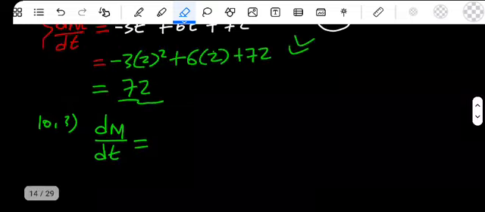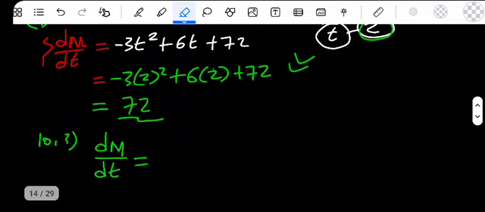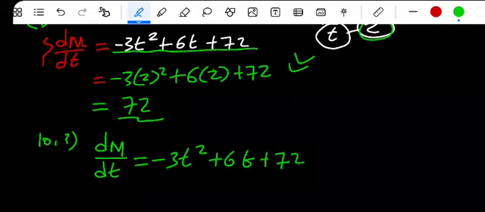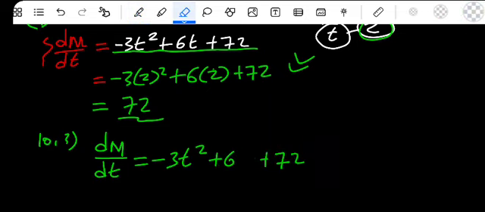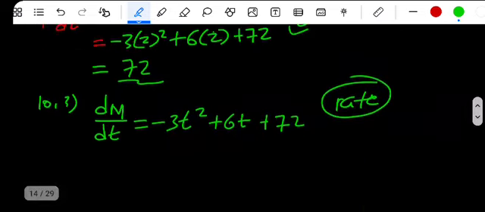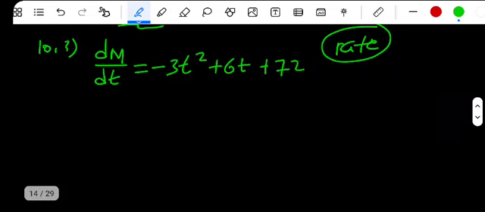So what is our rate? Already we have its formula here. The rate is negative 3t squared plus 60t plus 72. This is in the form of the rate. However, they said maximum, which means we're supposed to take the derivative of this again.